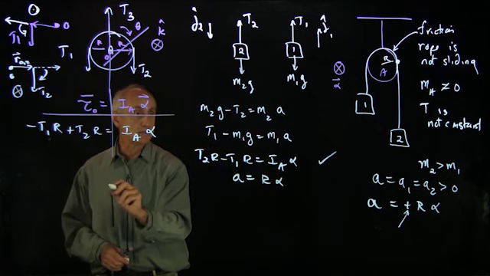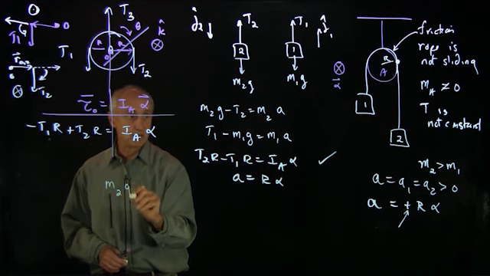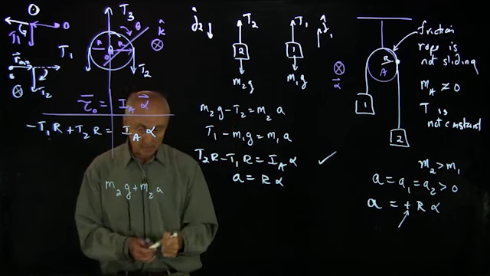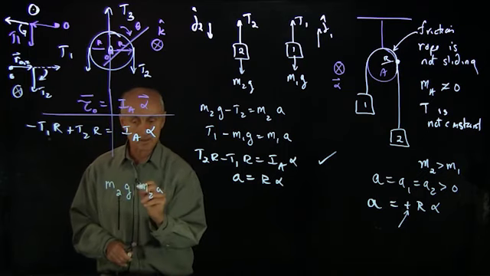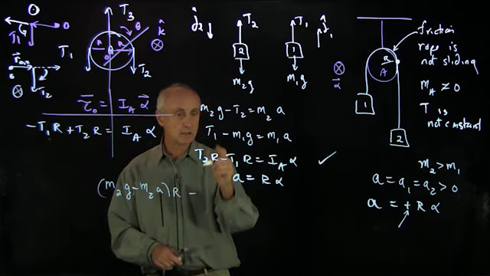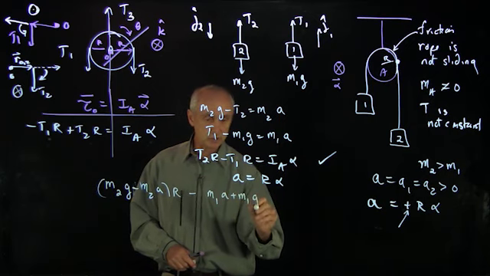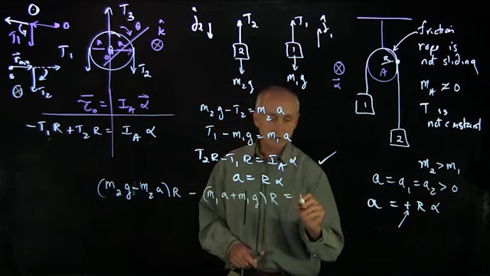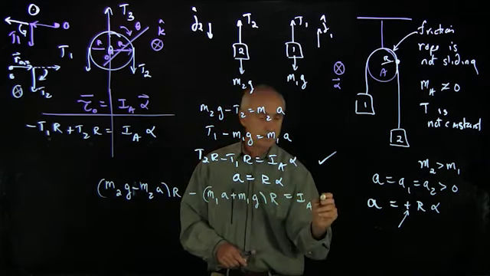So I get that T2 is M2G plus M2A, minus T1, which is M1A plus M1G, times R, and that's equal to I_A times alpha, which is A over R.